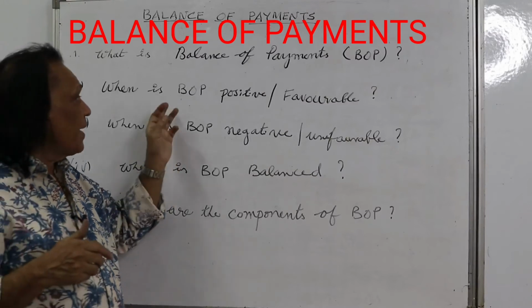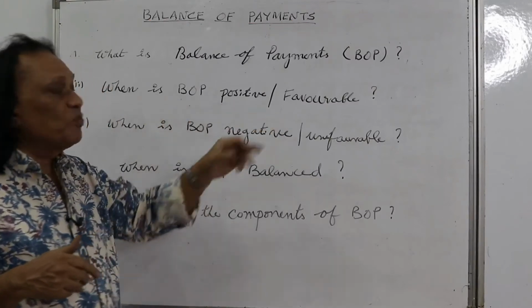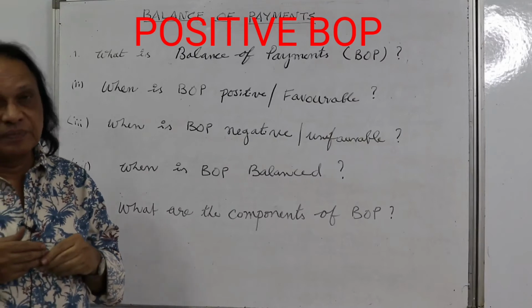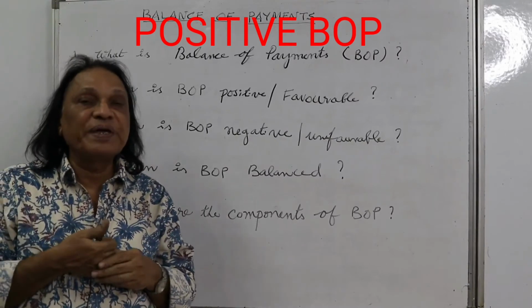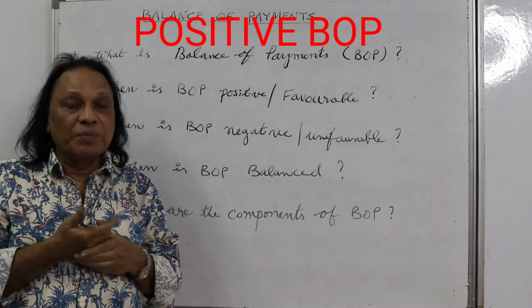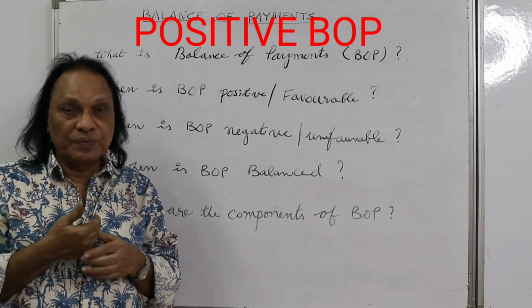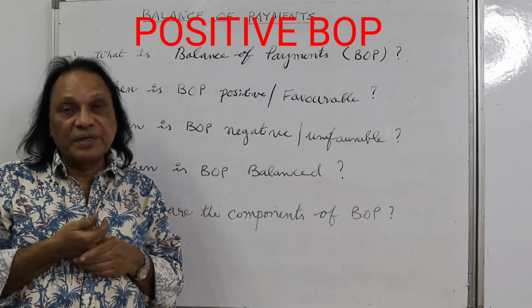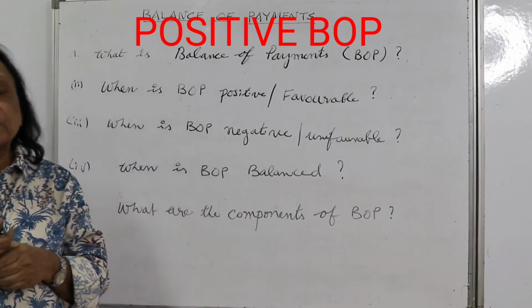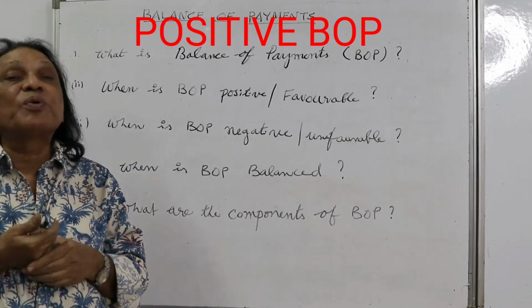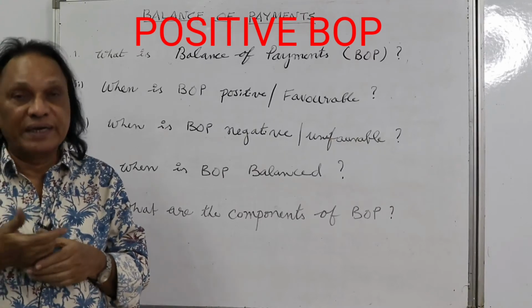Now the next one you have, when is BOP positive or favorable? Like the way we discussed BOT, a positive BOP is when the exports of the country in terms of visible and invisible items are greater than imports of visible and invisible items.